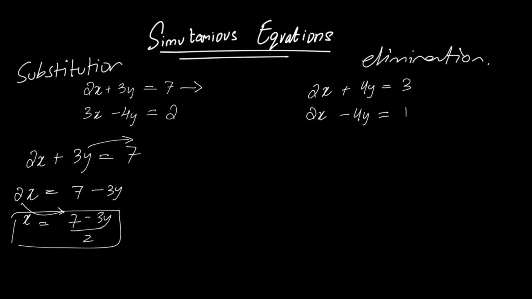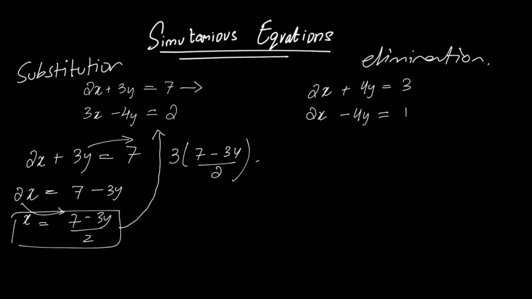Now that we have the value of x in terms of y, we can substitute this value into the second equation. So 3, but instead of x, we will write this value of x, which we found. This act of putting this value instead of x is called substitution.